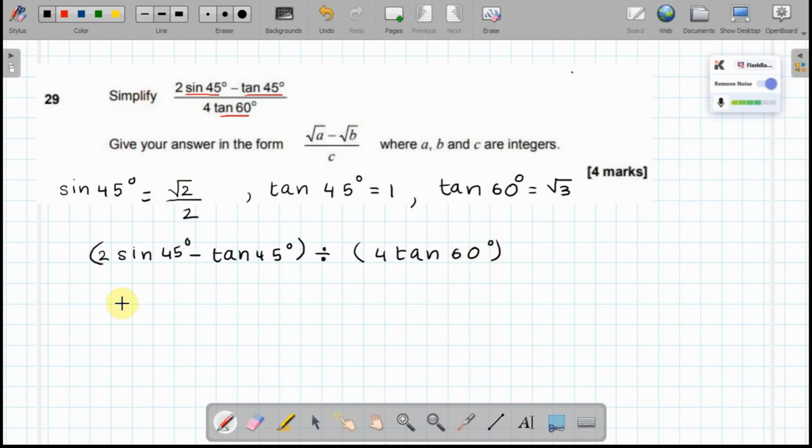At this point, I'm going to substitute the values. 2 multiplied by sine 45, which was root 2 over 2, minus tan 45, which is 1, divided by 4 tan 60, which is root 3.